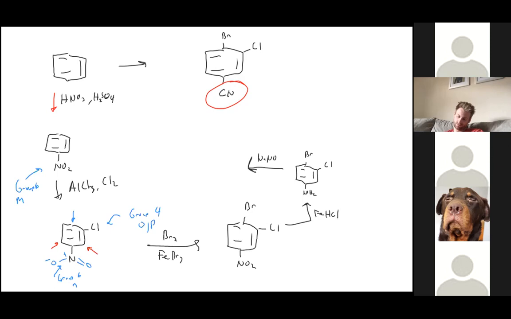NaNO2, HCl gets us to a diazonium. And then copper nitrate gives us our final product.